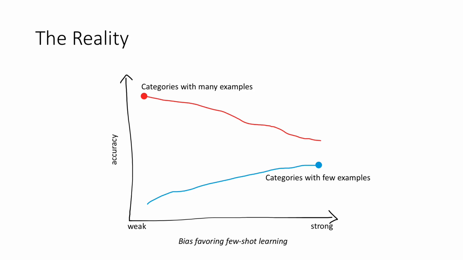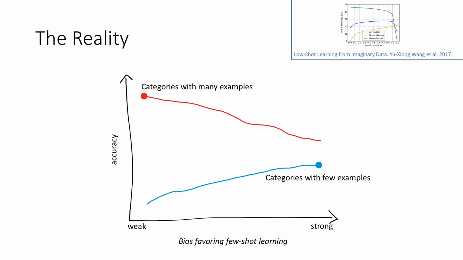Bharath Hariharan and I developed and tried to promote a new benchmark that would test robustness to data abundance by measuring performance on classes that have lots of data, as well as classes that have very little data, in order to explicitly explore this trade-off. Of course, this diagram here is just a cartoon illustration of the observed trends. You can refer to the paper pointed to above for the actual experiments and data.